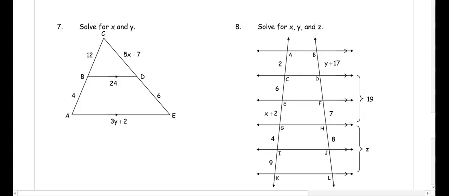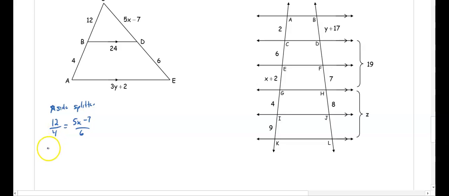So in number 7, we want to solve for x and y. In this triangle, we have overlapping triangles. When we are solving for x, we are able to use side splitter. So we would have 12 over 4 is equal to 5x minus 7 over 6.